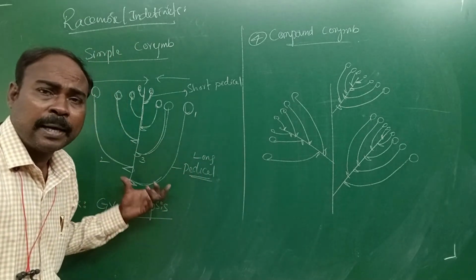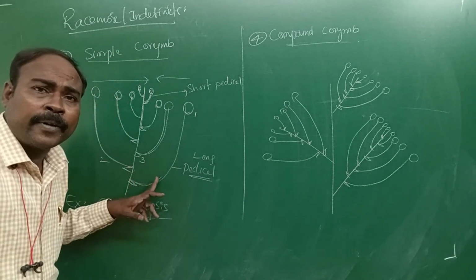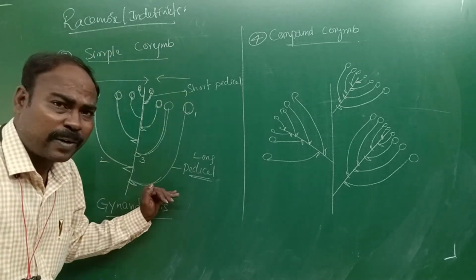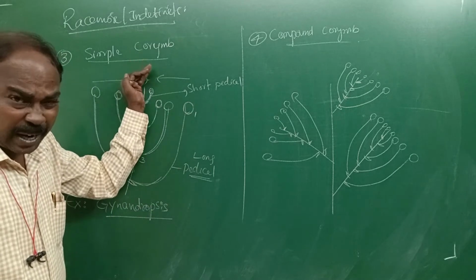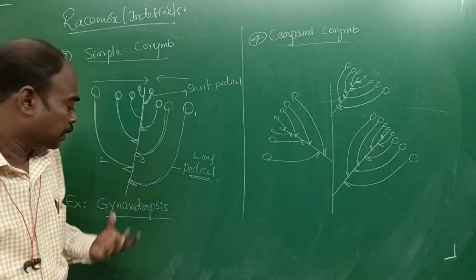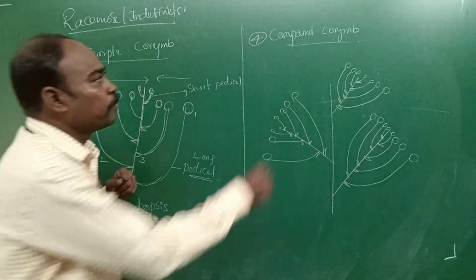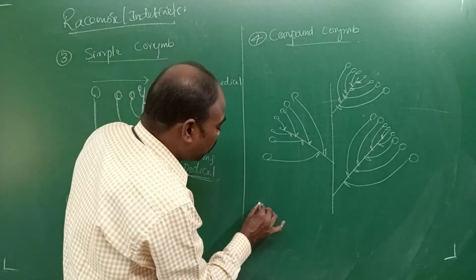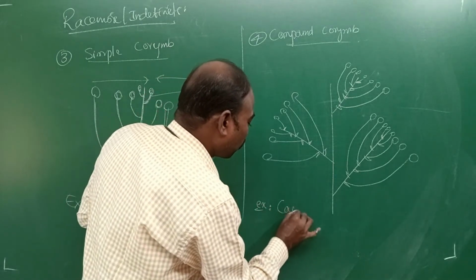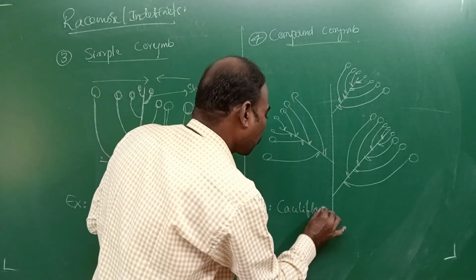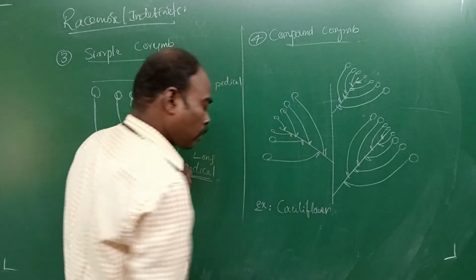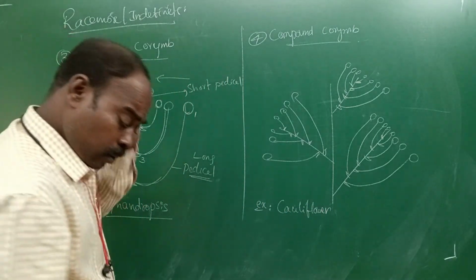What is simple corymb? In a peduncle, the different flowers have different lengths of pedicels. The first flower has a long pedicel, the last flower has a short pedicel, and in such a way all the flowers are brought to the same height. Gynandropsis is an example for simple corymb. Compound corymb, cauliflower.